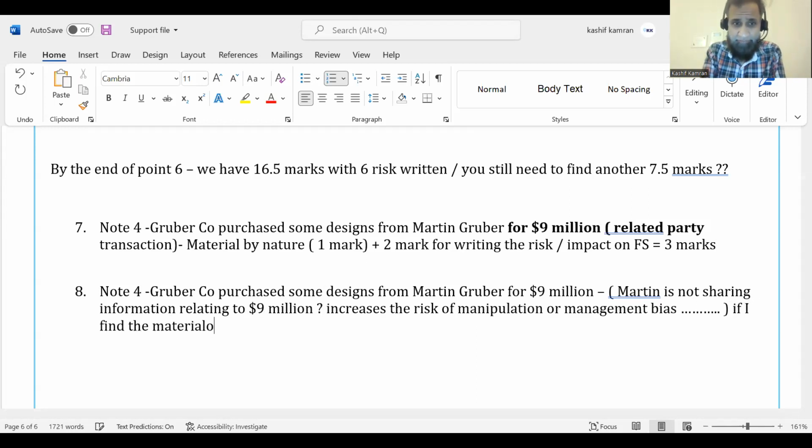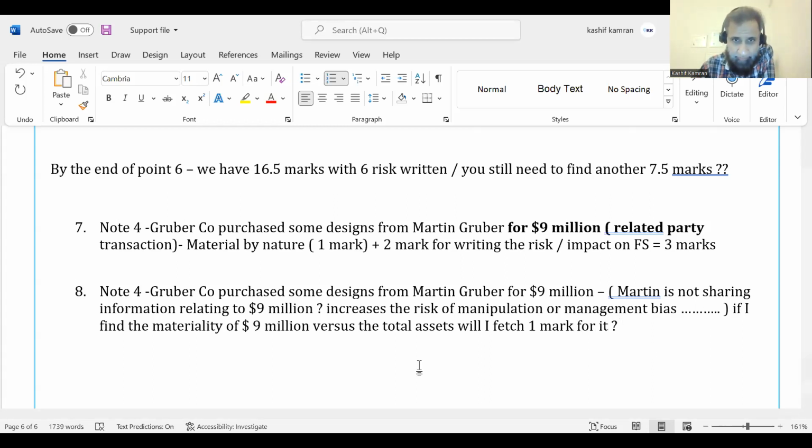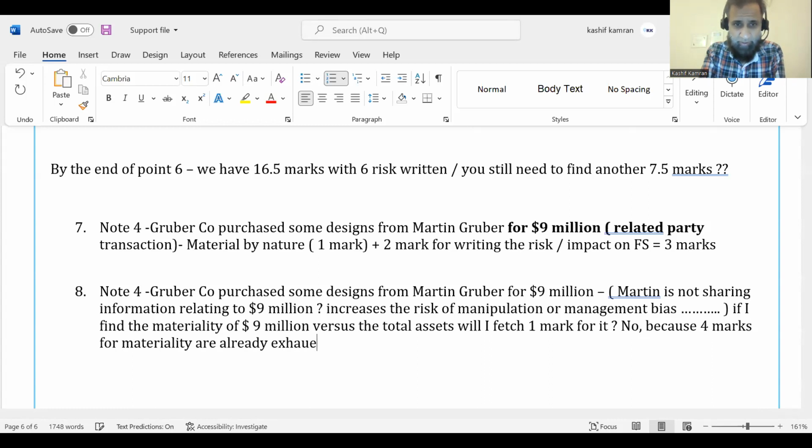If I find the materiality of $9 million versus the total assets, because it's an intangible asset, right? If I find the materiality of $9 million versus the total assets, will I fetch 1 mark for it? No, because the 4 marks for materiality are already exhausted.